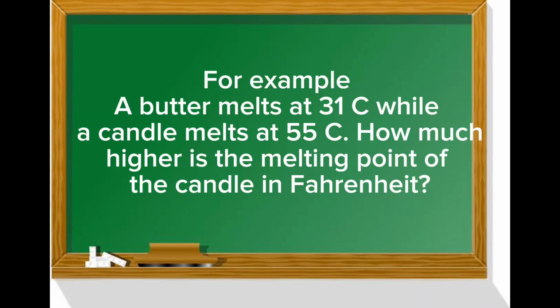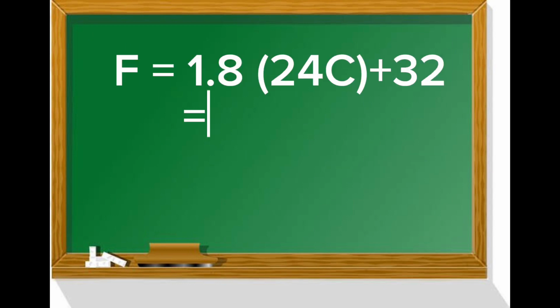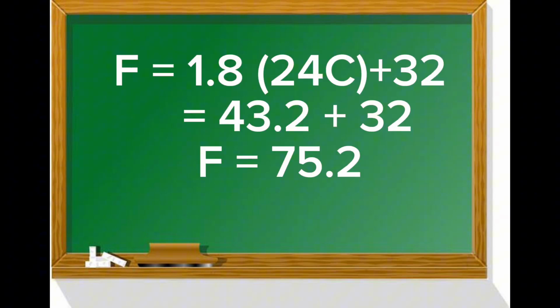A butter melts at 31 degrees Celsius while a candle melts at about 55 degrees Celsius. How much higher is the melting point of the candle in Fahrenheit? So we need to subtract: 55 minus 31 is 24. Then we need to find the Fahrenheit.